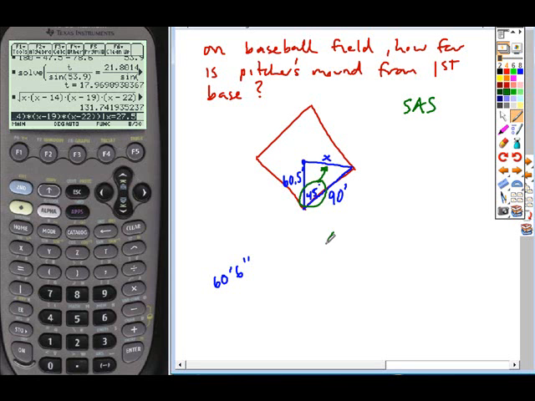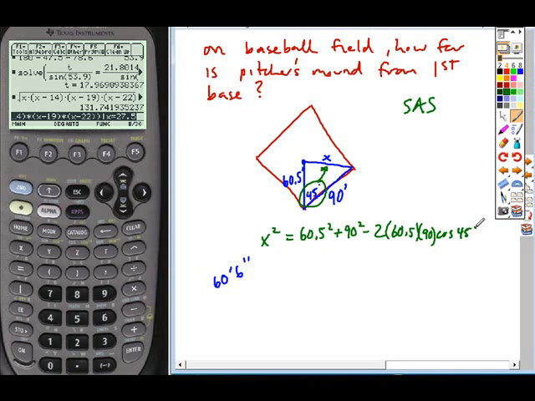So we start with the side opposite: x squared is equal to the sum of the squares of the other two sides minus twice the product of those two sides, all times the cosine of the angle opposite that.